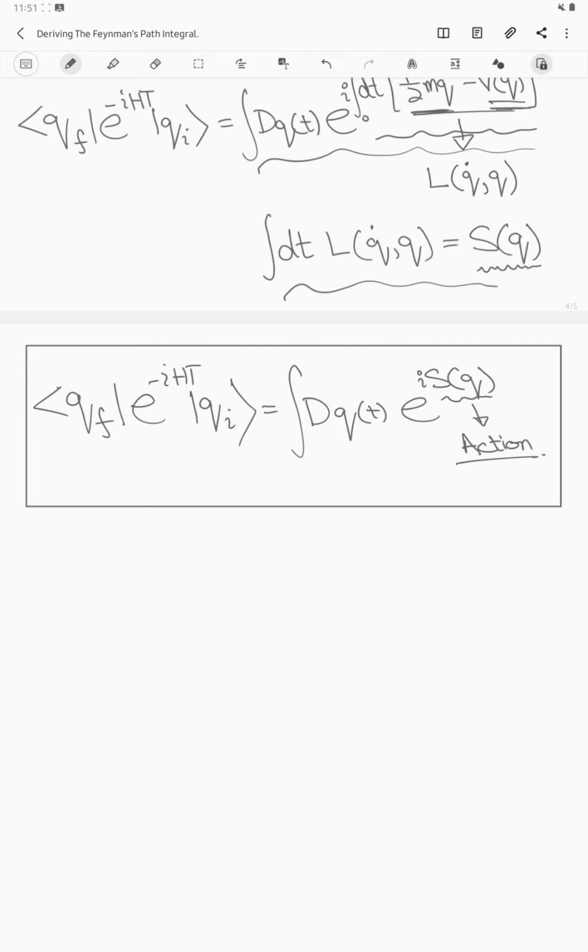The main goal of the series was to develop the path integral representation of quantum mechanics. If you would like me to derive and even explain the classical limit of quantum mechanics from this path integral, I could do that in another very short video.